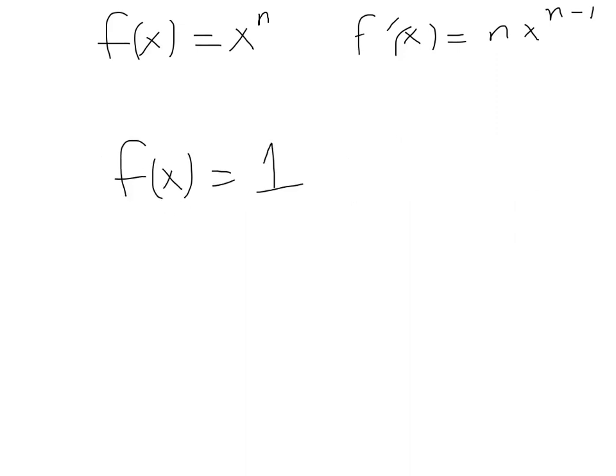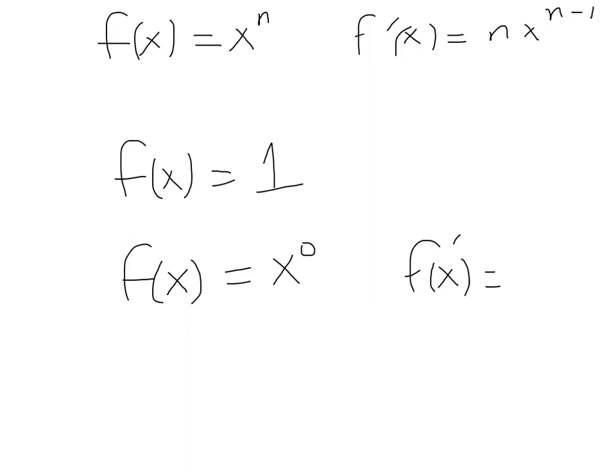All right, another important special case is what if f of x equals 1? There's no x in the equation, so f of x just equals 1. How you should think of that is like this. 1 is really x to the 0 power. Any number raised to the 0 power is 1, from Algebra 2, maybe Algebra 1.